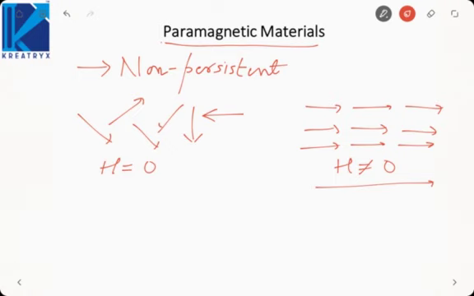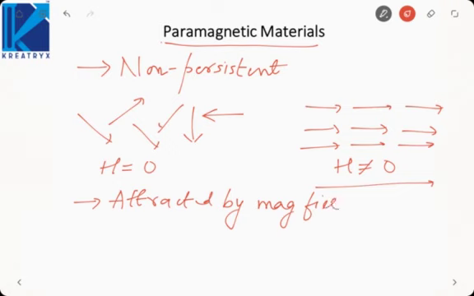Paramagnetic materials are generally attracted by the magnetic field, and diamagnetic materials are repelled by it. This point you must remember.